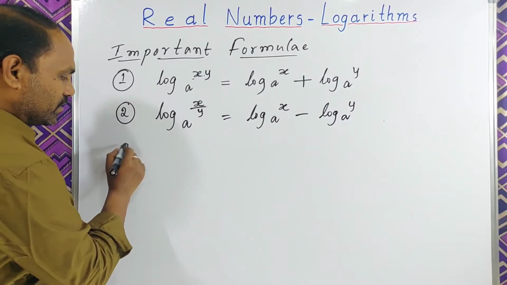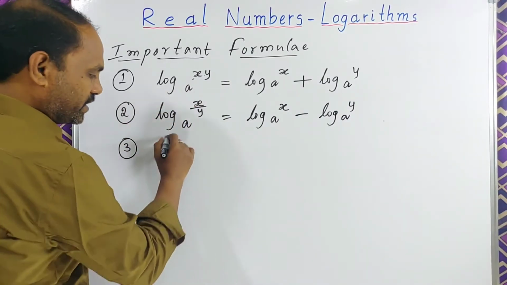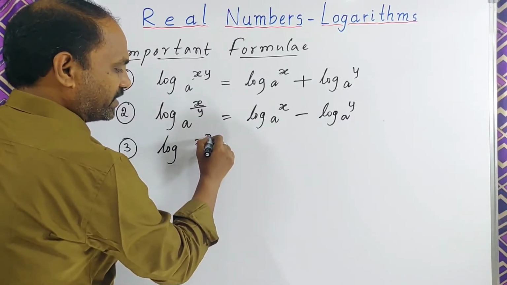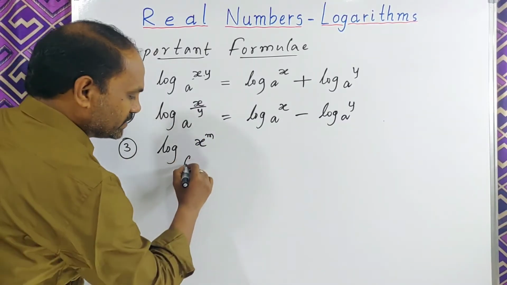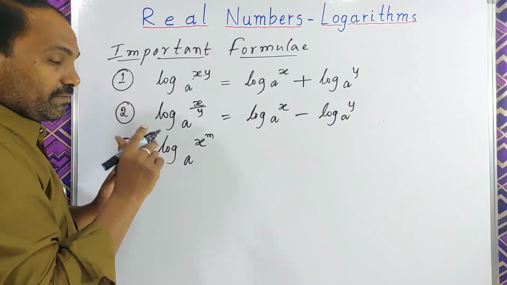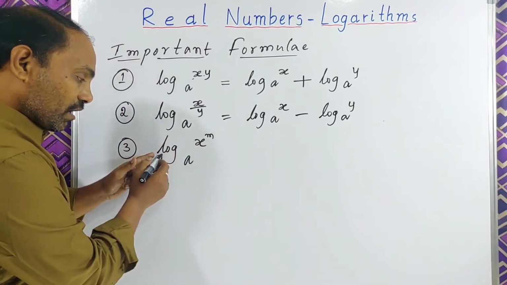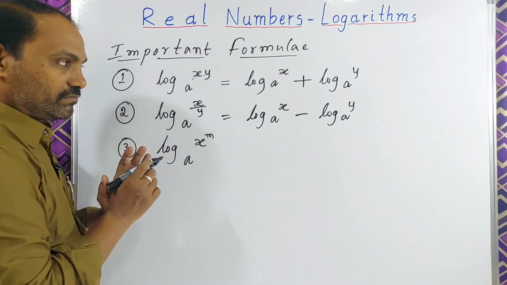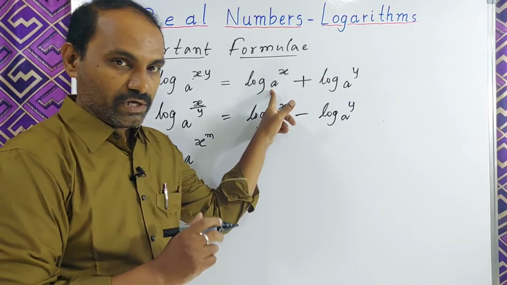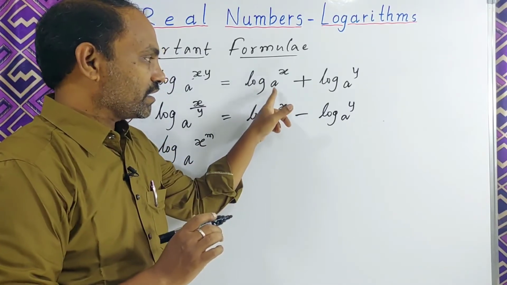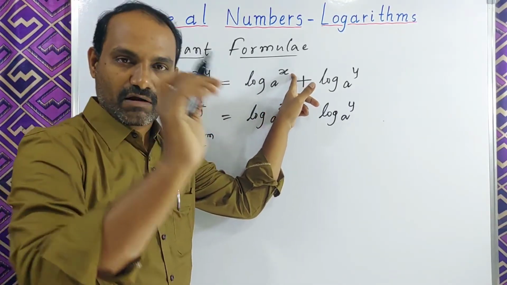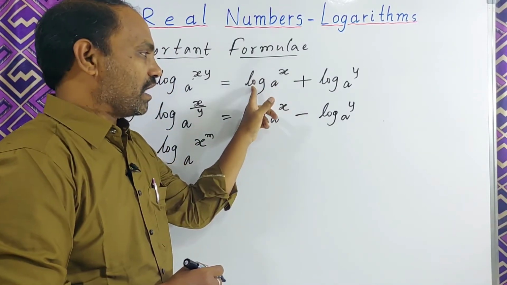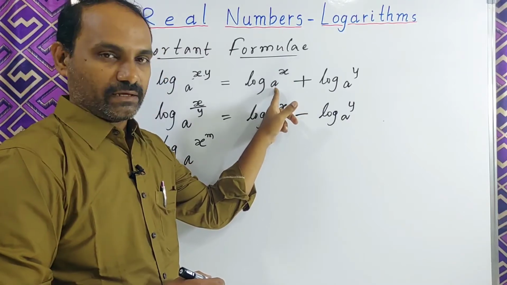Next one, what about exponent? Here also when you get an exponent, for example log x power m to the base a, don't read it as log a power x power m. This one is not a power m, is it? Don't read like log a power x, that one is the wrong method. You should read first x here, log x to the base a.